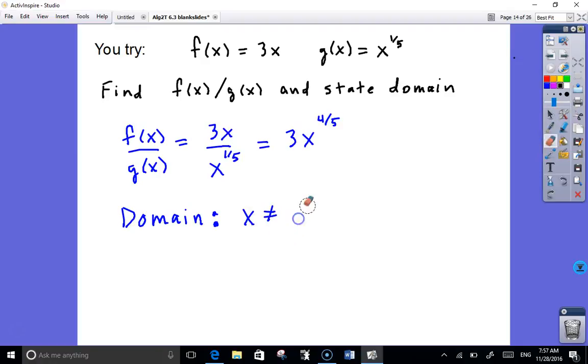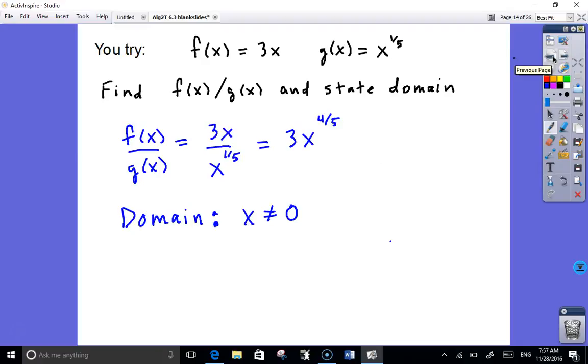I don't like that 0. Why is this one x does not equal 0, but the one that we did in the example was x greater than 0? Because this is an odd root. You could take the fifth root of a negative number, but the other one was a fourth root.